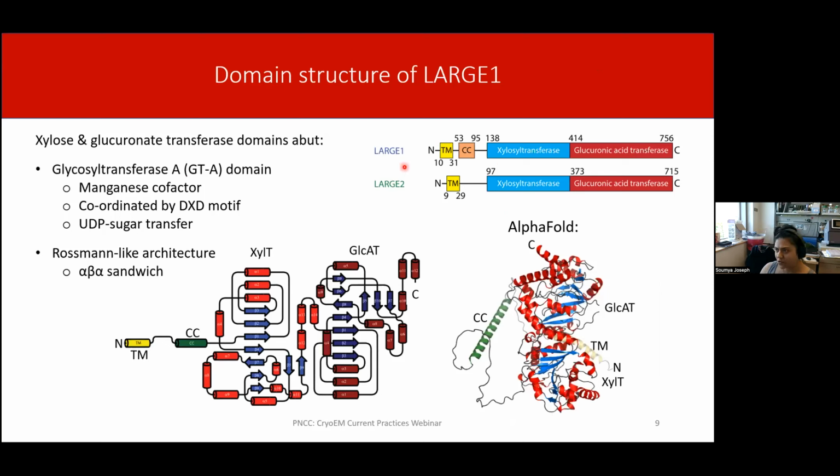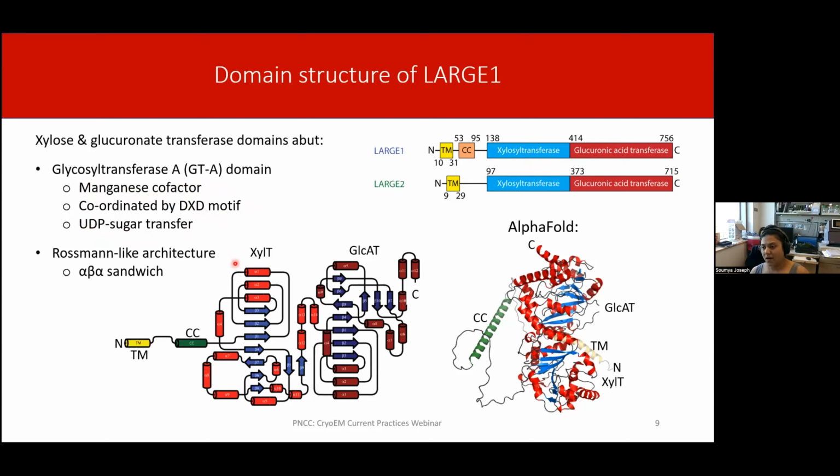So going over the domain structure of LARGE1, as I said, LARGE1 has a transmembrane domain and a coiled-coil domain, and these tandem xylose and glucuronic acid transferase domains. These glycosyltransferase domains are like classical GT-A domains, which means they chelate a manganese cofactor with a double aspartate motif, and they use a UDP sugar as a substrate.